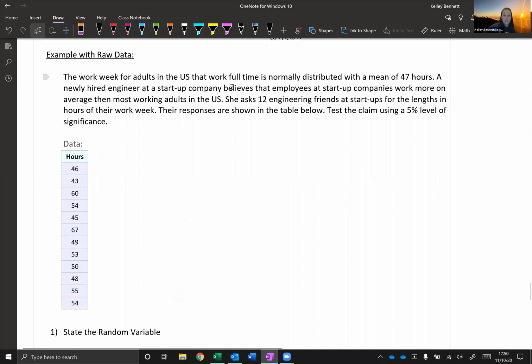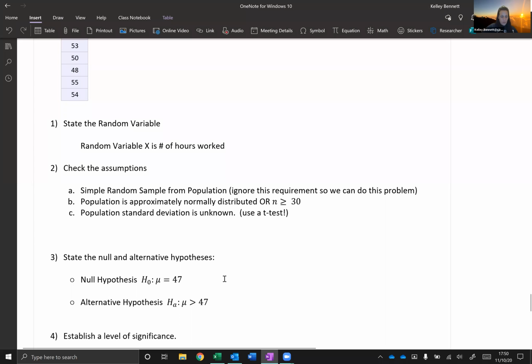So that's given right here. She believes that they work more on average than most working adults. So we're looking at a null of mu equals 47, and alternative of mu is greater than 47. All right, so there's our null and our alternative hypothesis.